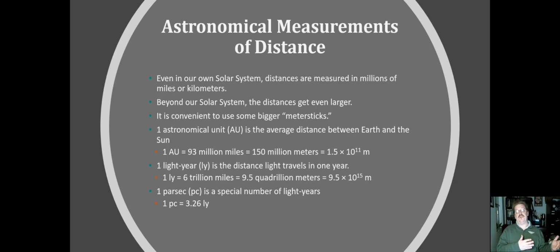Now the distances in the solar system, at least, are much more manageable. From the Sun to the Earth, 1. From the Sun to Venus, 0.7. To Jupiter, roughly 5. To Pluto, roughly 40. Much easier.